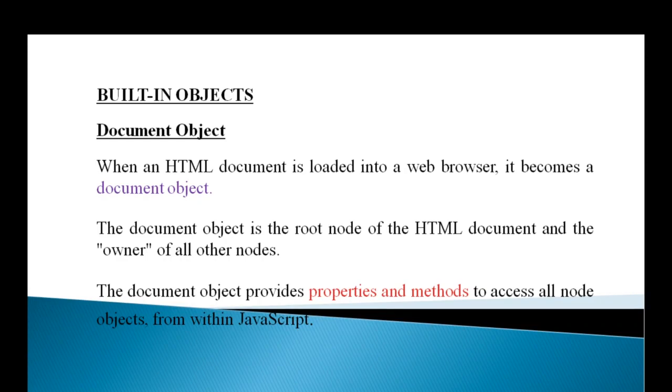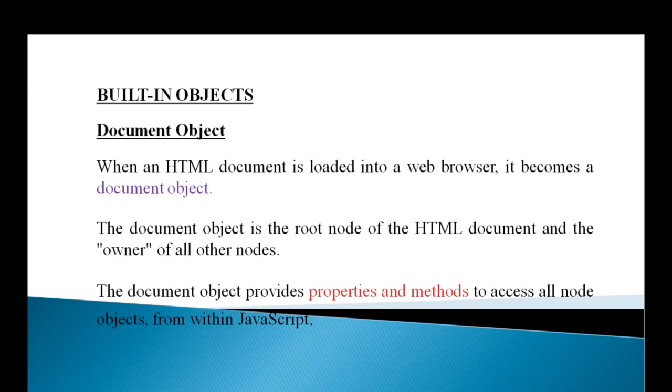A document object represents the HTML document that is displayed in that window. The document object has various properties that refer to objects which allow access to and modify a document content.